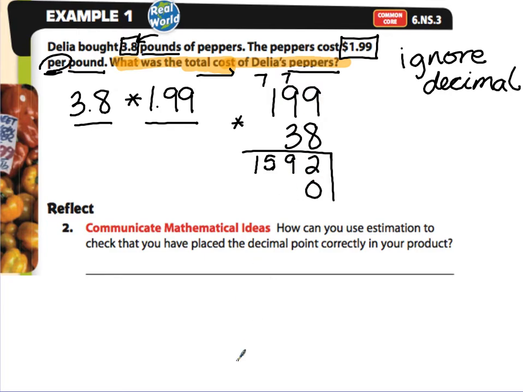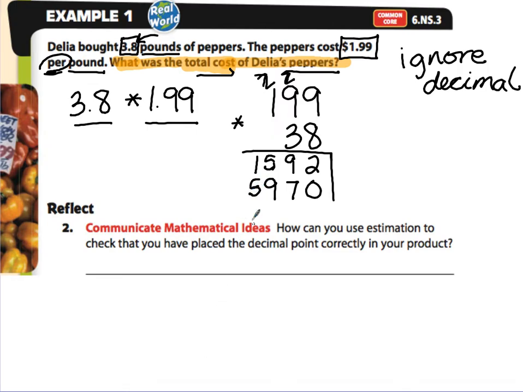So for 30 times 90, this 0 here allows us to get the right answer. 3 times 9 is 27. Carry the 2. Notice this is like a 70, because 30 times 9 is 270, so that's why the 0 is here. Carry the 2. 9 times 3 is 27 plus 2 is 29. Carry the 2. 1 times 3 is 3 plus 2 is 5.